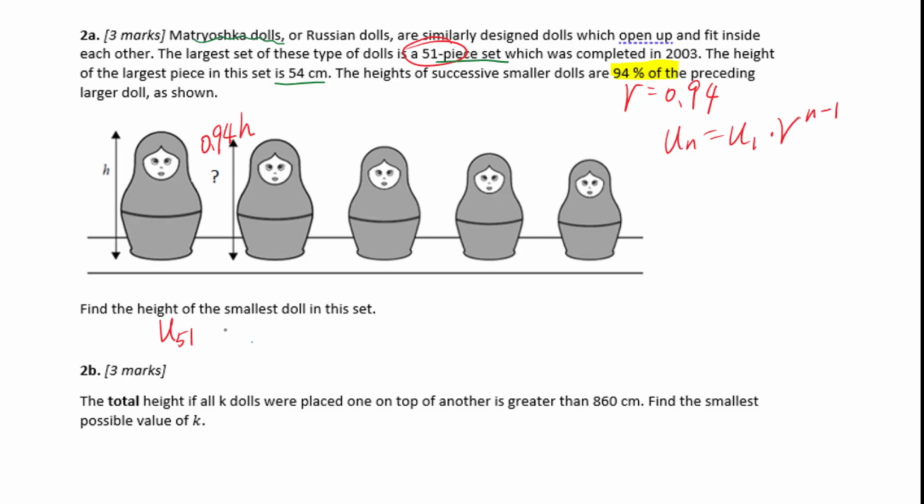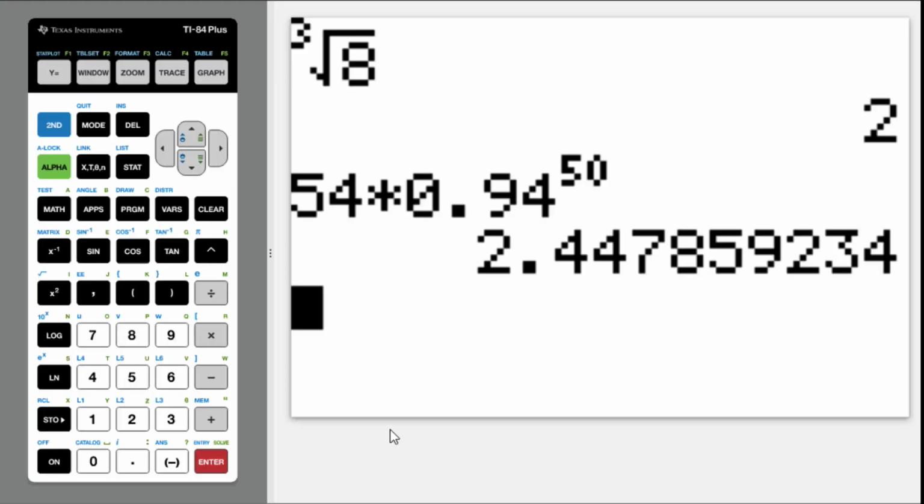So u sub 51 equals u sub 1 times r to the 50th power. u sub 1 is 54, given here. Then times 0.94 to the 50th power equals 2.45 centimeters.